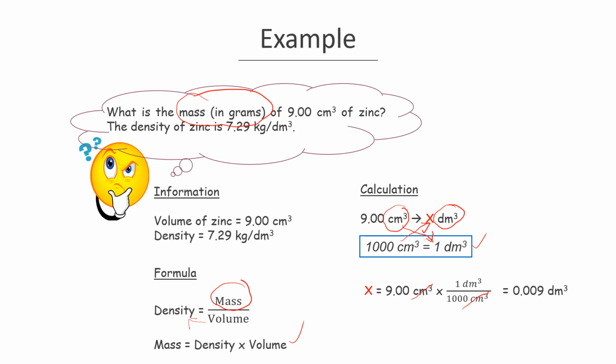You will get 0.009 dm cube. That is the value for x, which means the volume. So you can use this formula: mass equals volume times density.